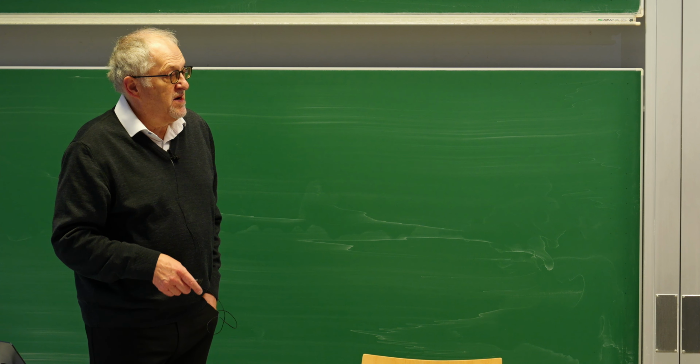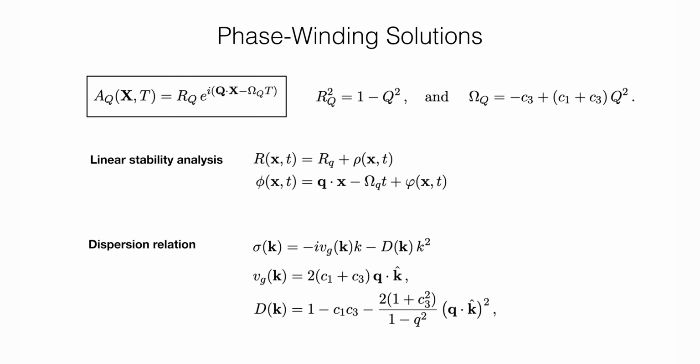So for that, we guessed a solution. Let's assume that we do have solutions of the following type, where you have a complex amplitude, which is a real amplitude times a phase factor. This phase factor is a phase winding solution, so basically a plane wave.